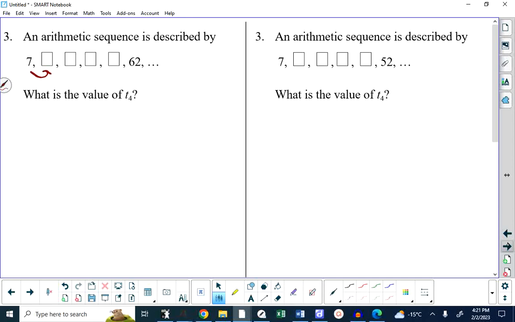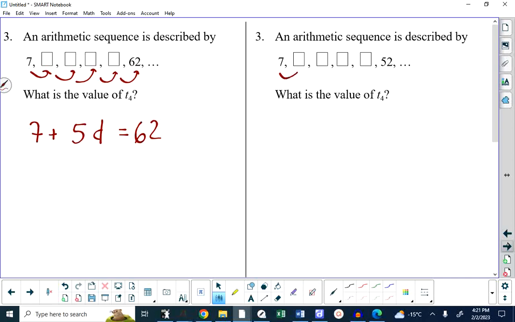You need to add a common difference and another common difference and another, until you have added a total of 5 common differences to 7 to get 62.